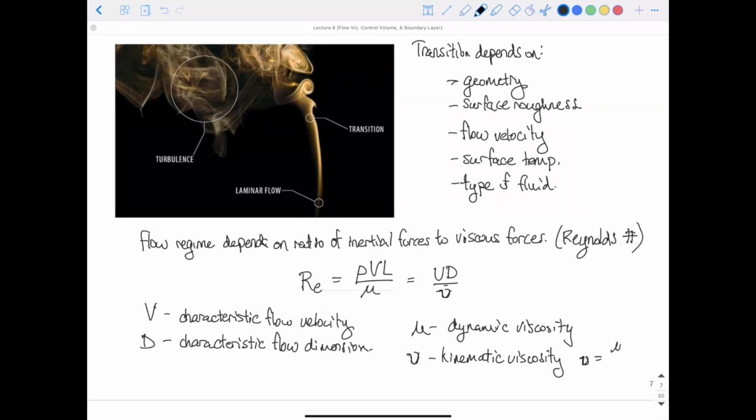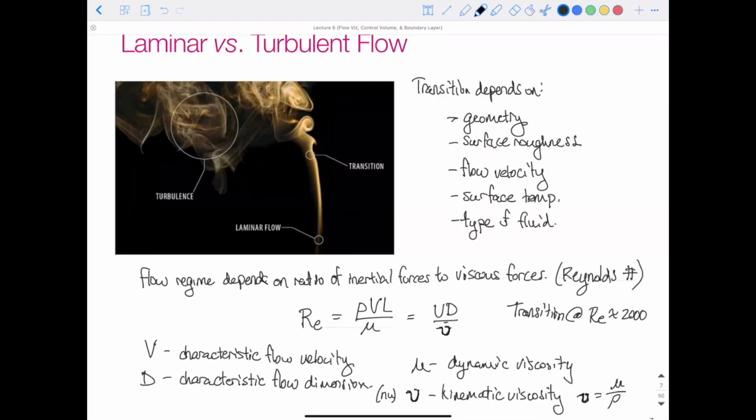Kinematic viscosity is just equal to our dynamic viscosity divided by our density. So if we replace here our dynamic viscosity, mu, divided by density, it equals our kinematic viscosity, so it just moves over here.